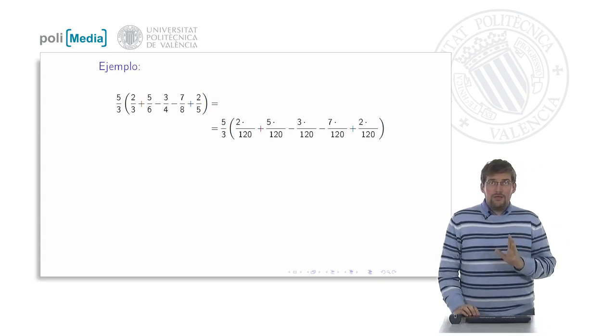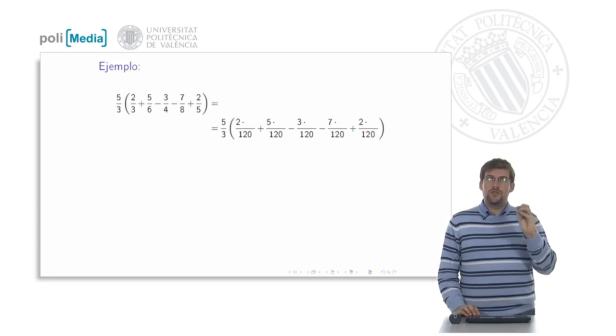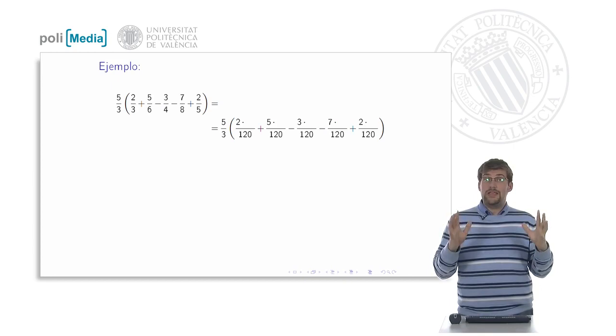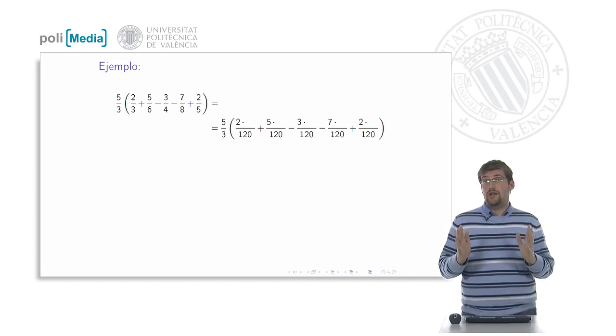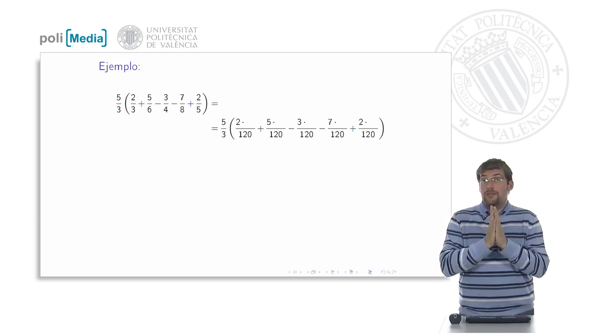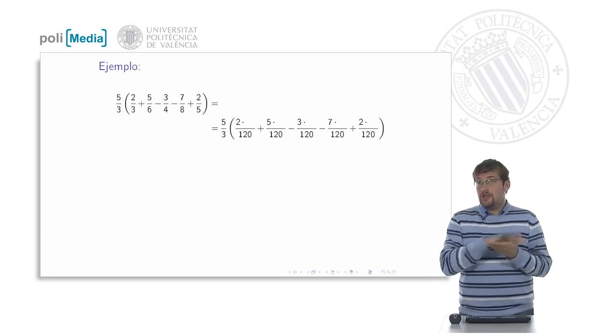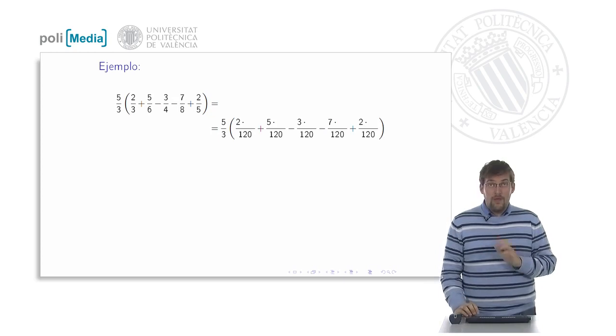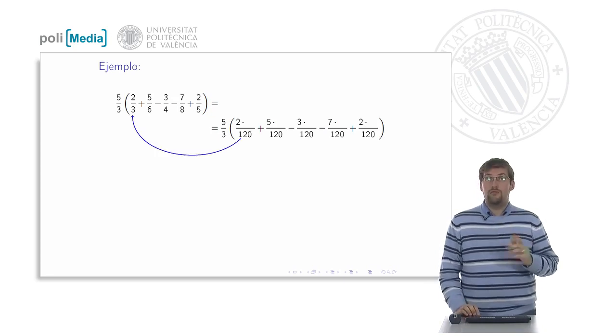The goal we pursue when performing these calculations is essentially to convert the initial fractions into equivalent fractions that are easier to work with and simplify. That can be done when the denominators are the same, and that is our objective. We are going to analyze what we do with the first fraction.